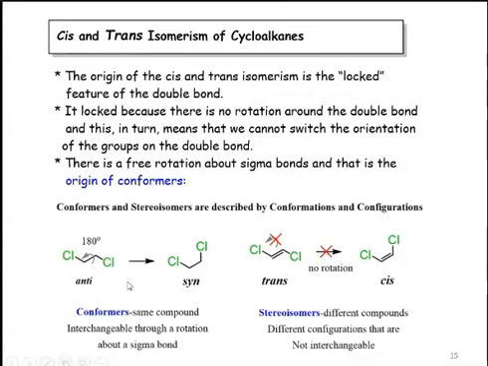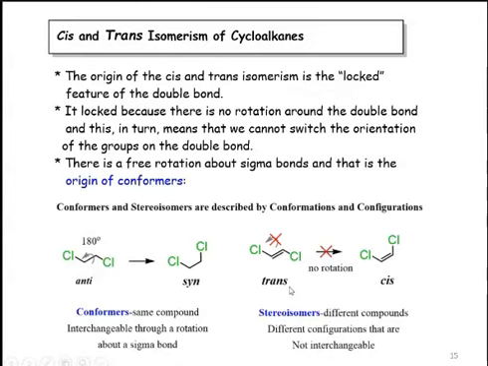Conformers are the same compounds in which the functional groups or atoms attached to a sigma bond can undergo free rotation. Conformers are the same compounds where the functional groups are interchangeable through a rotation about a single bond, sigma bond, sorry.